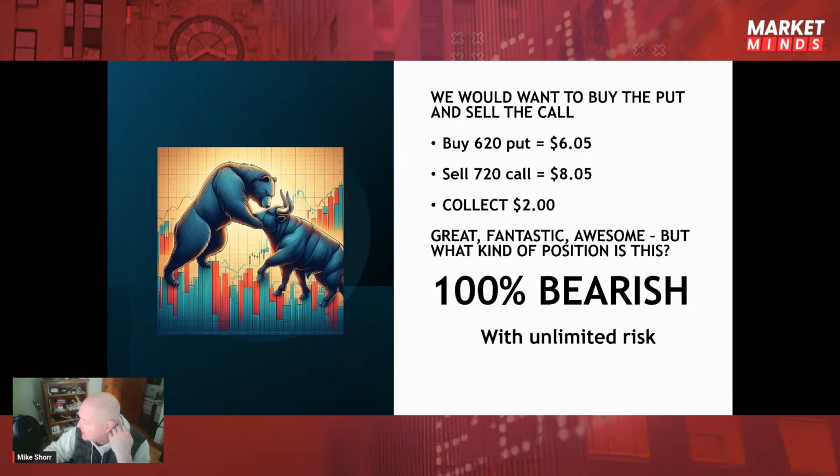What's our risk to the upside? My risk to the upside is potentially unlimited, right? I'm just naked this 720 call. So if we go up to 1,000, I'm short from 720. Downside, we have no problem.